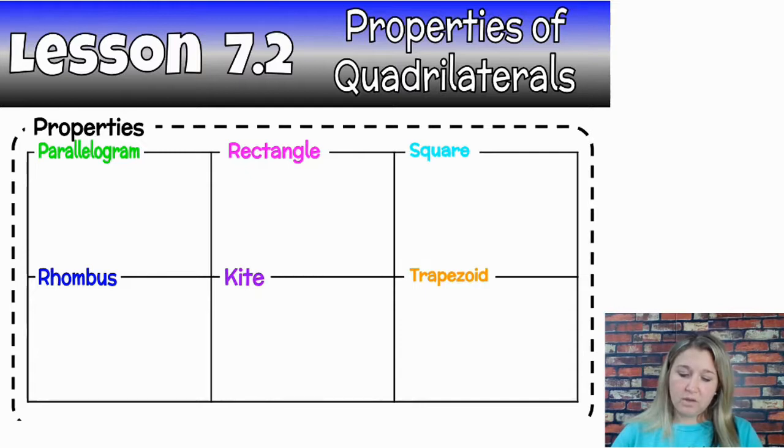So if we have a line here and a line here, those two are going to be parallel and they're going to be the same length. And then we also have another set of parallel lines that are going to be congruent as well, and they're opposite of each other.